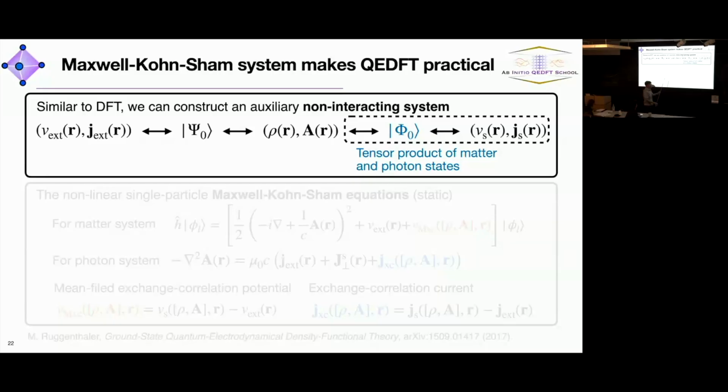Similarly to DFT, in order to get the electron density and the vector potential, we rely on a non-interacting system to construct these two. So we map to a non-interacting system, which is a tensor product of the matter and the photon state. It corresponds to another mean-field external potential and mean-field external current, but they are different from the original ones.